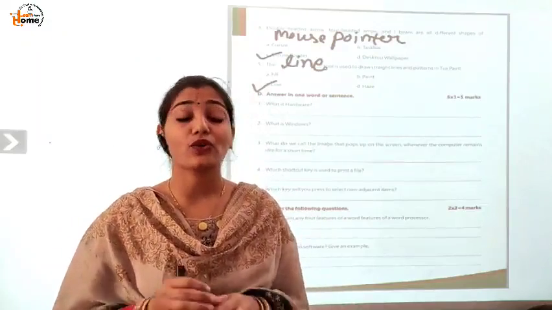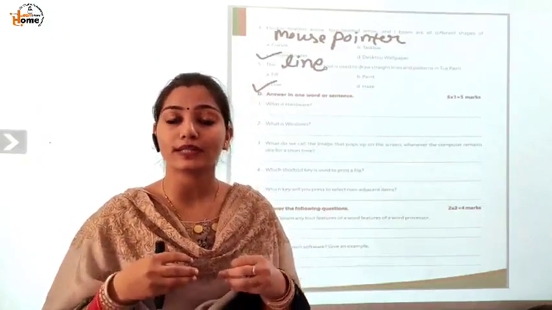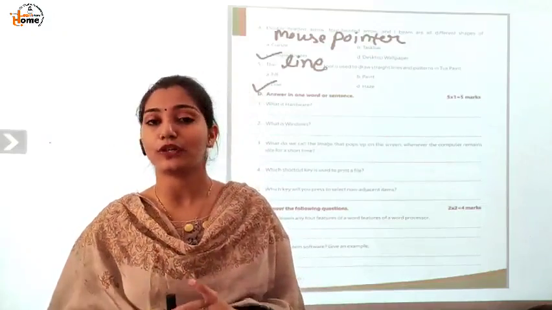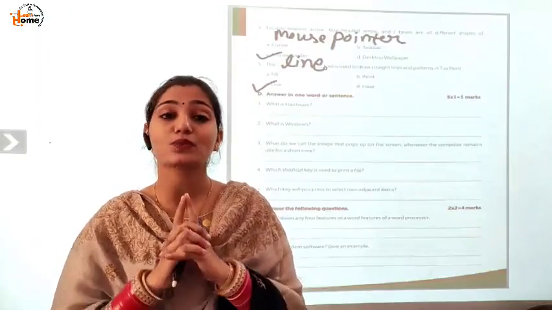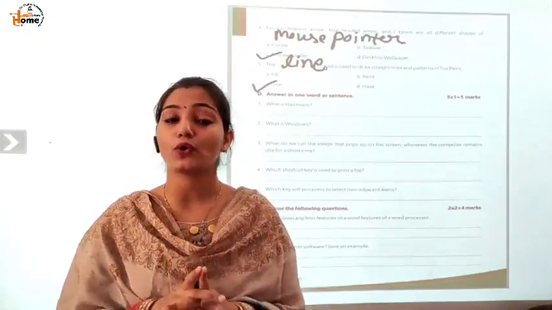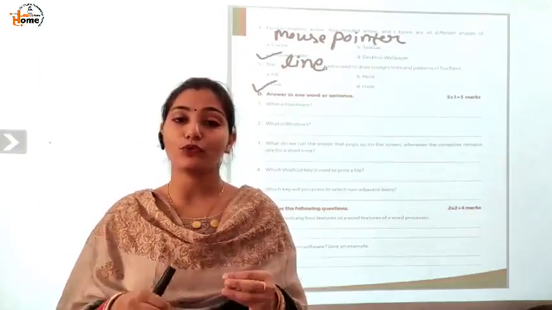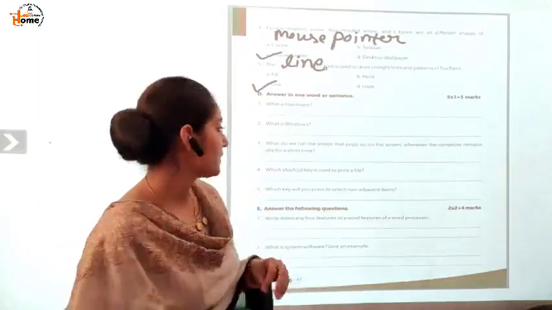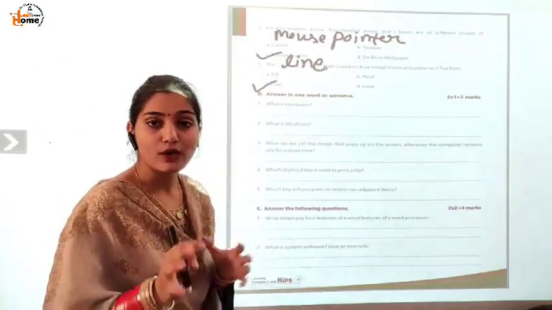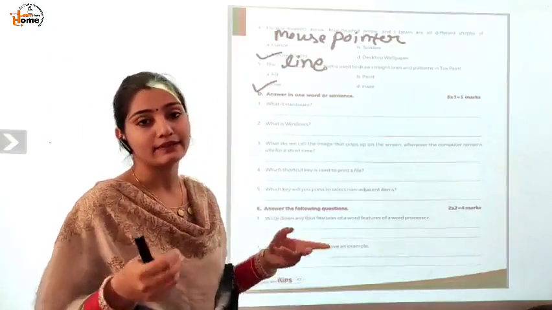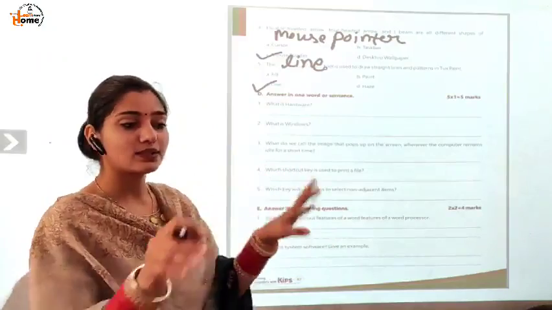You cannot even open or start the computer without Windows, without an operating system. The operating system is very important if you want to work on a computer, if you want to start a computer. So Windows is an operating system. Without it, the computer is nothing. It is just a box.